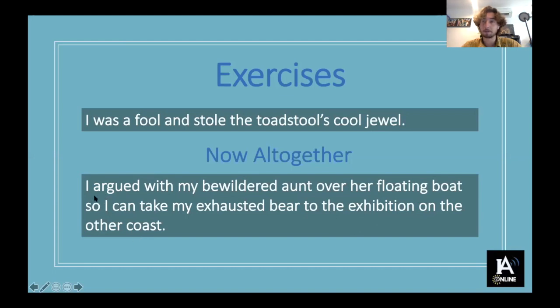One more time. Just repeat this after me. I argued with my bewildered aunt over her floating boat so I can take my exhausted bear to the exhibition on the other coast.